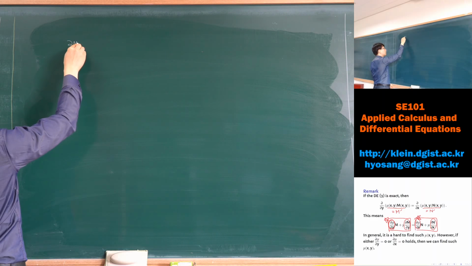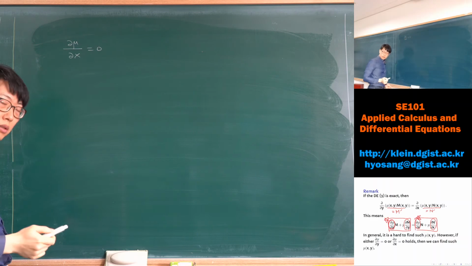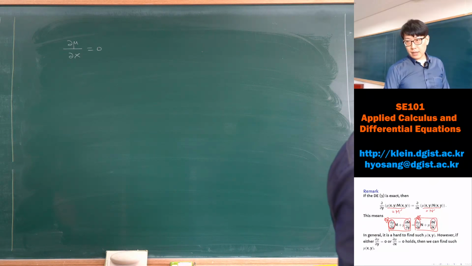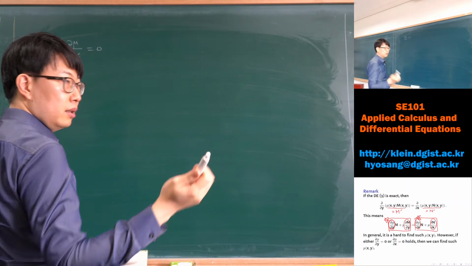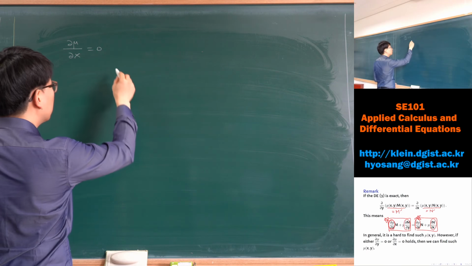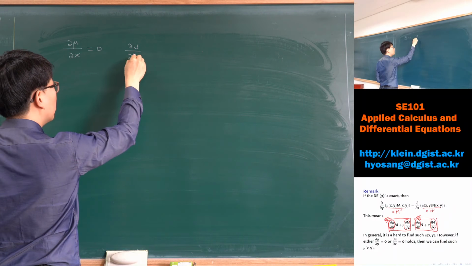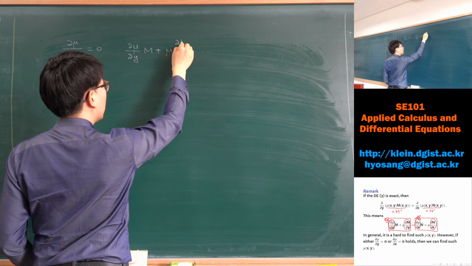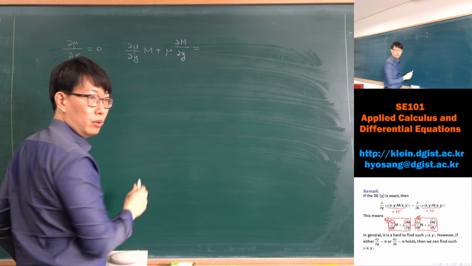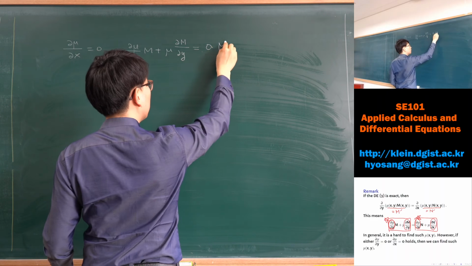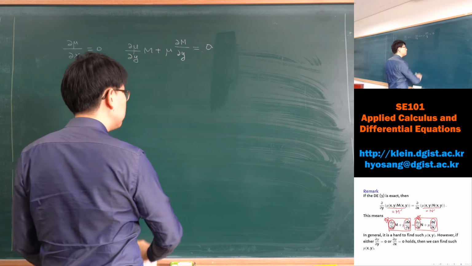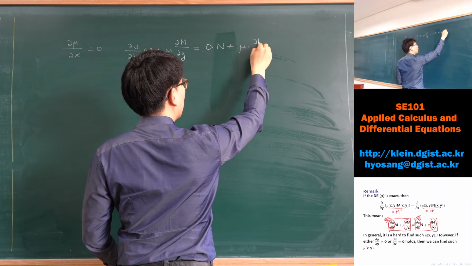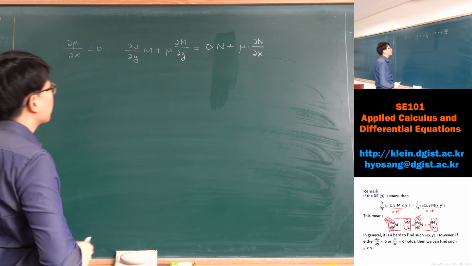So if this part is 0, the partial derivative of mu with respect to x is 0, then what you get from the equation in the slide is mu_y M plus mu M_y equals 0 times N plus mu times N_x, right?